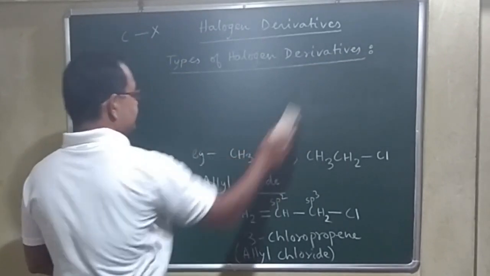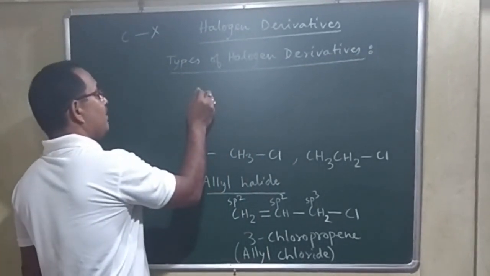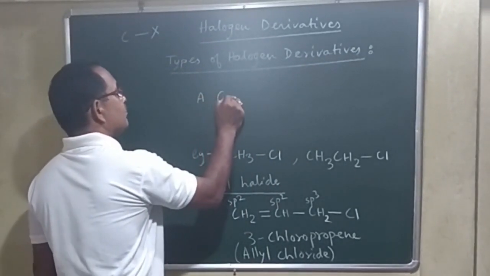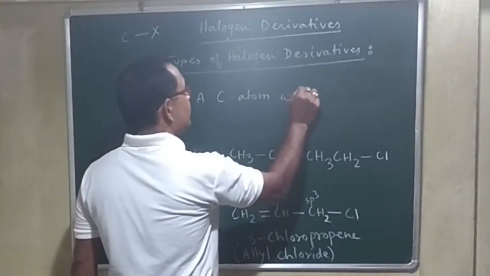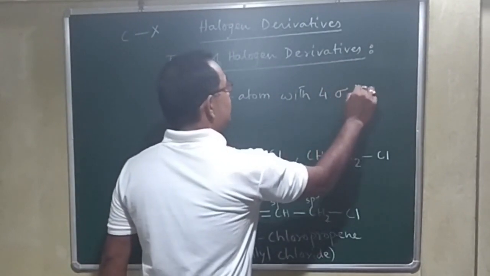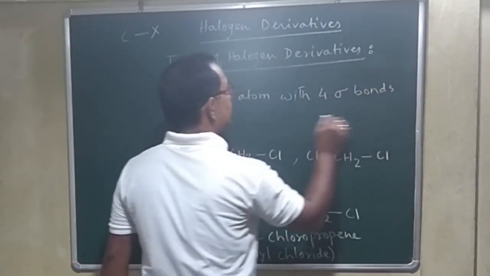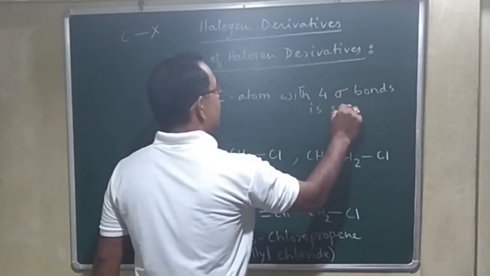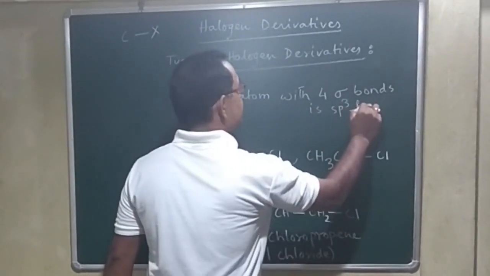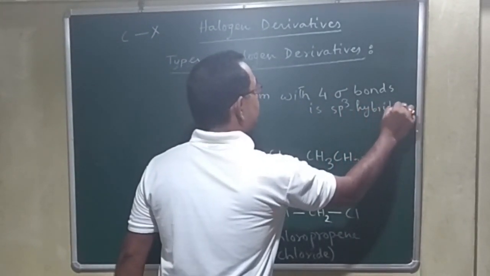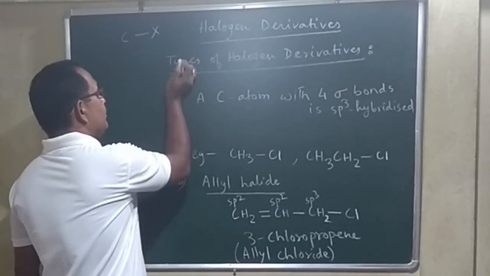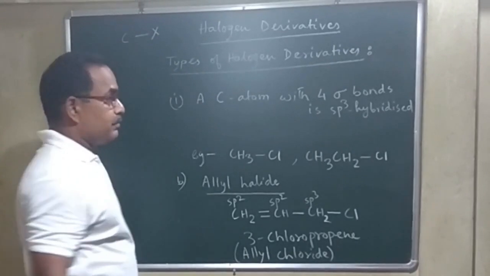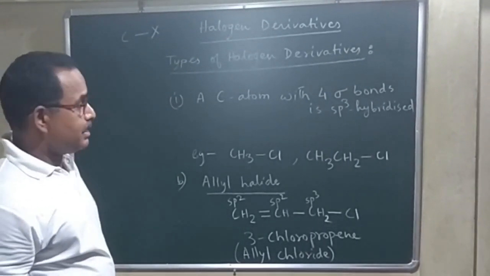See, a carbon atom with 4 sigma bonds is sp3 hybridized. Okay, a carbon with 4 sigma bonds is sp3 hybridized.